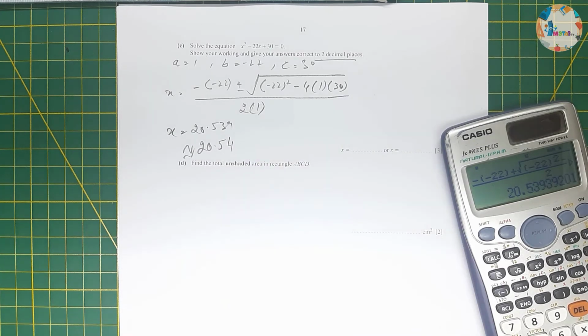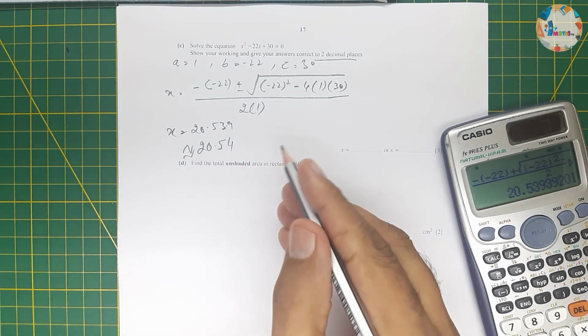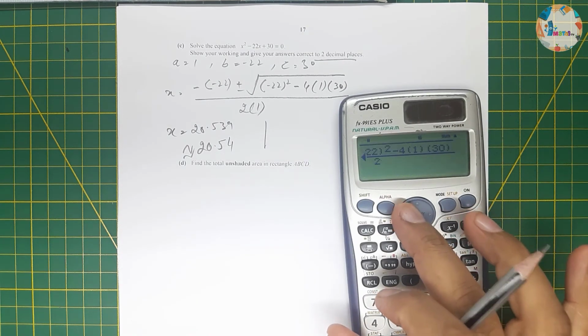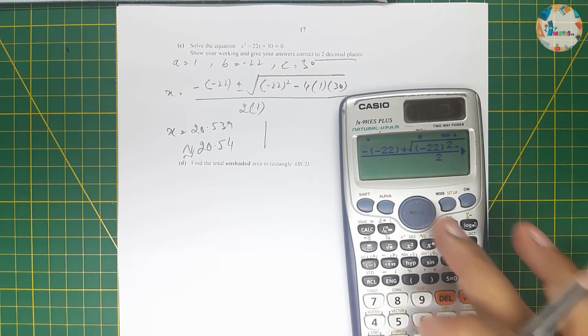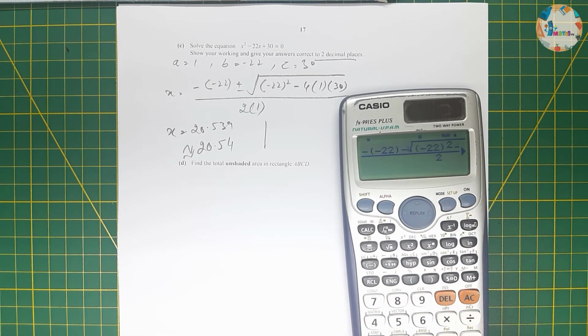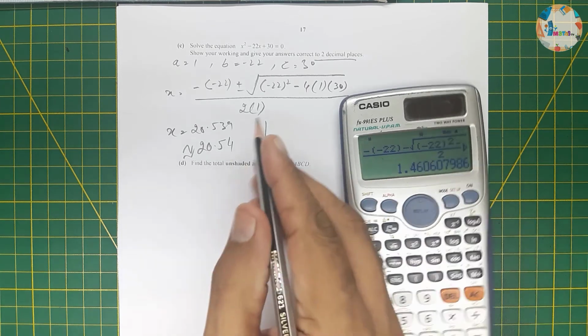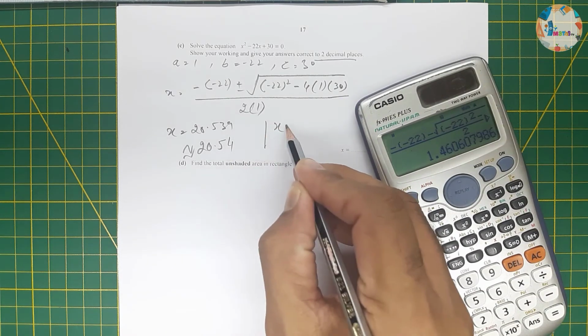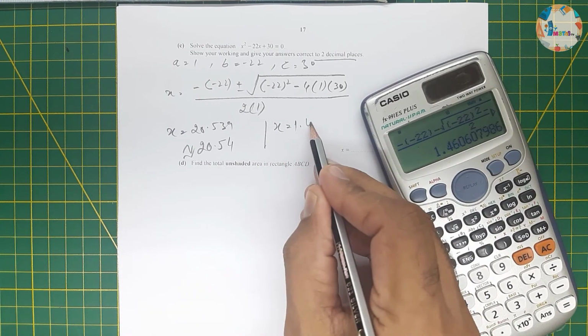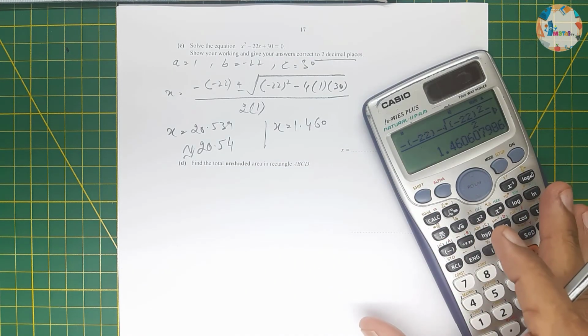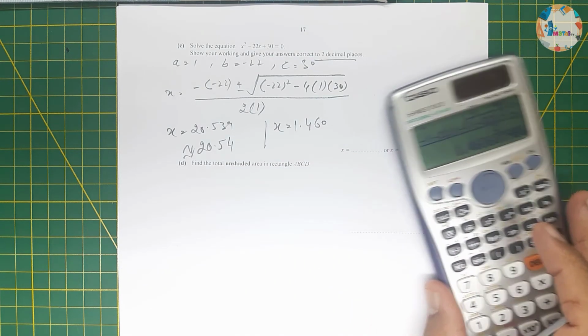And next we can write the negative value. For the negative value we change this one to minus, and x will be equal to 1.460.